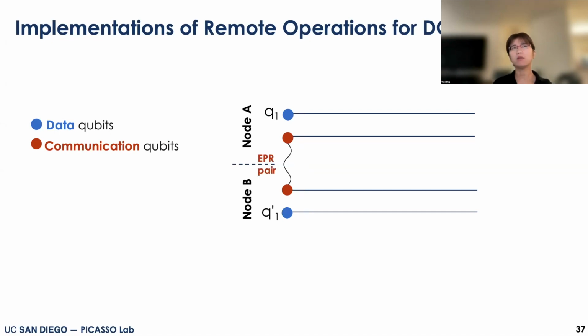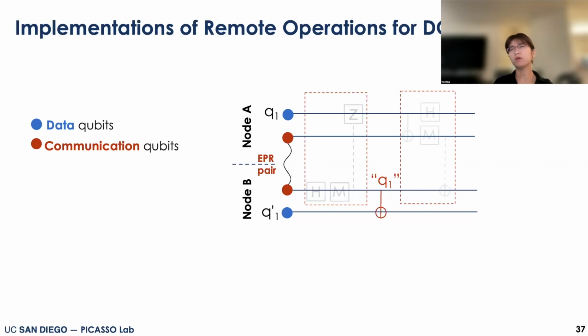Instead, you require special qubits called communication qubits. The communication qubits will emit EPR pairs, for example, through the optic fiber. And this EPR pair works as a virtual channel between these two nodes. After you have the virtual channel, you can execute the remote CNOT gate.